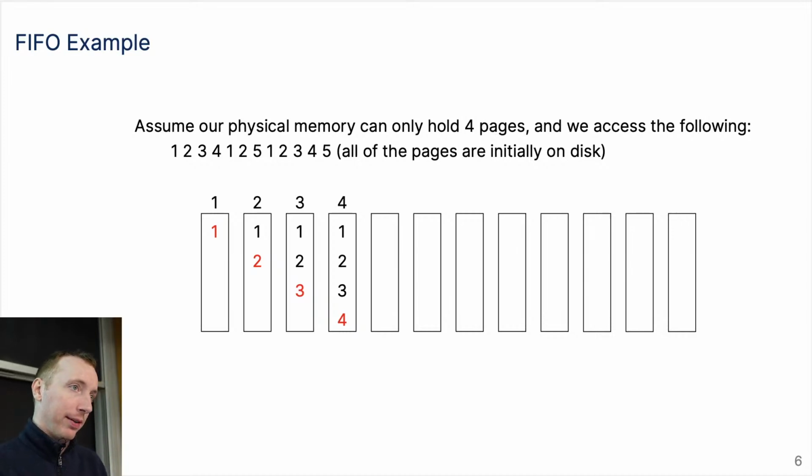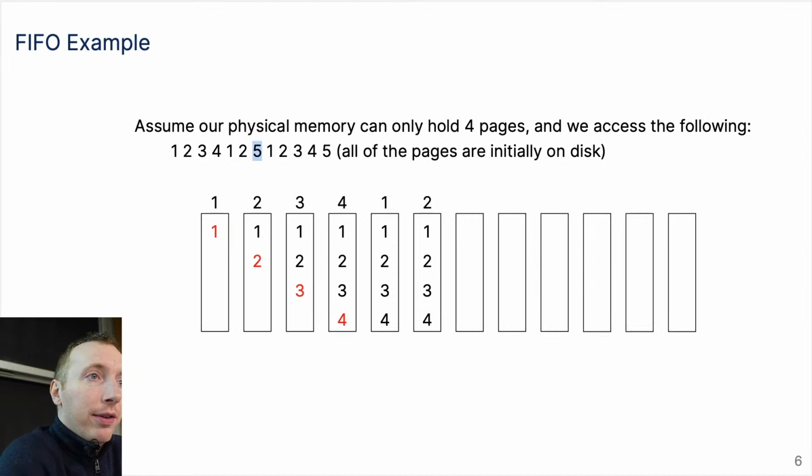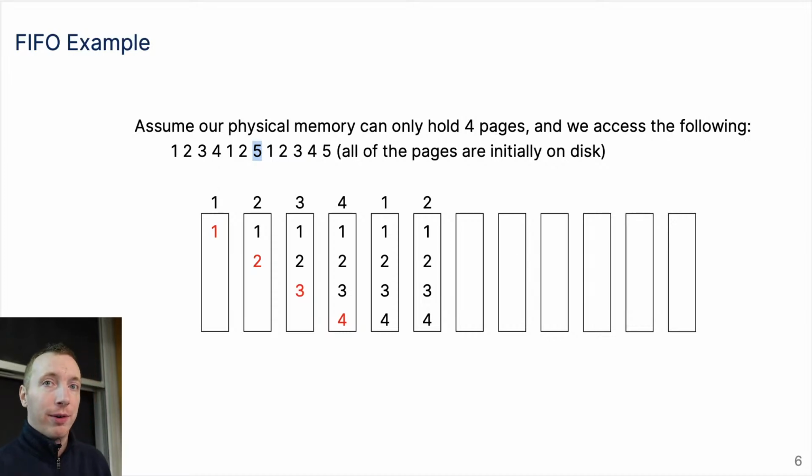So now when we access page 1, we get a page hit, then page 2, we get a page hit. Now something more interesting happens here when we have an access to 5. So when we have access to 5, what are we going to replace if we're doing first in, first out? 1, right? So the first page we loaded was a 1.